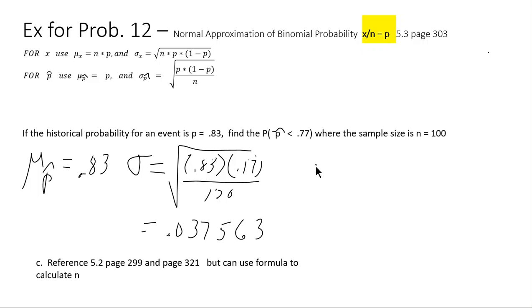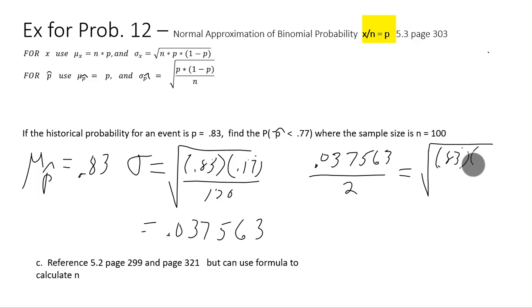If I make my assumption that my standard deviation was 0.0375663, and I want to cut it in half, I put it equal to the formula I have for the standard deviation, which was the square root of 0.83 times 0.17 divided by n. Now I'm solving for n.